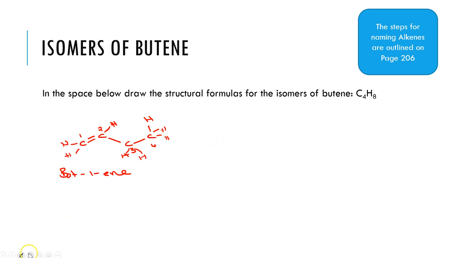Of course, I can actually move this double bond along. So I can now, if I move my double bond along to be between carbon 2 and 3, so here's my main chain, 1, 2, 3, 4. If I place my carbon double bond between carbons 2 and 3, I now change the structural formula of my compound, but not the molecular formula.